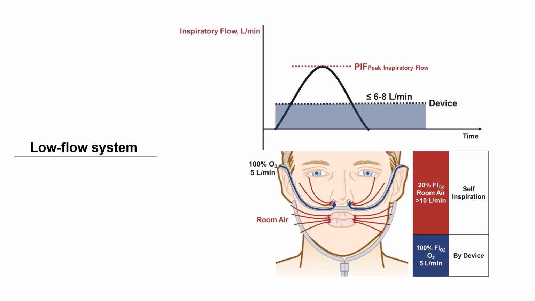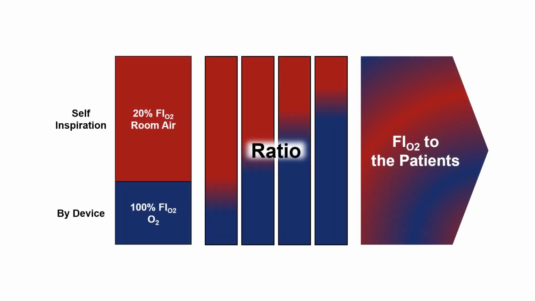The low-flow system is a system where the device supplements part of the patient's peak inspiratory flow with oxygen, and the rest is directly inspired by the patient from the room air. Therefore, the FiO2 supplied to the patient is determined by the mixing ratio of the 100% FiO2 oxygen supplied by the device and the 20% FiO2 room air inspired by the patient.